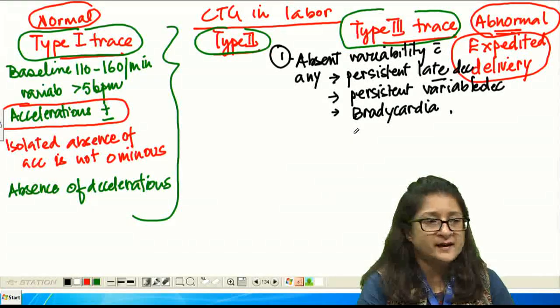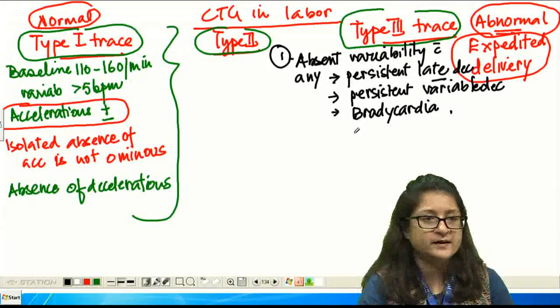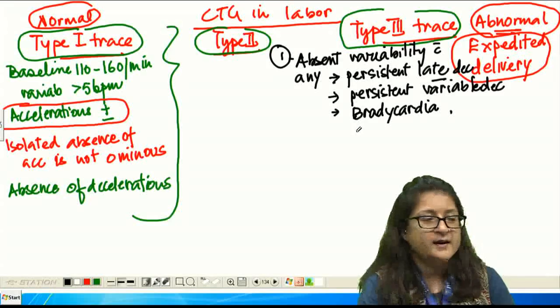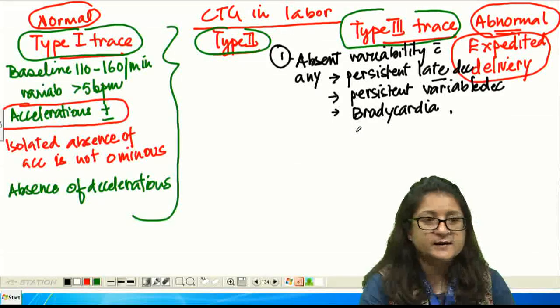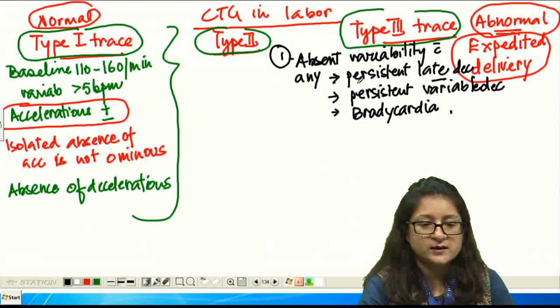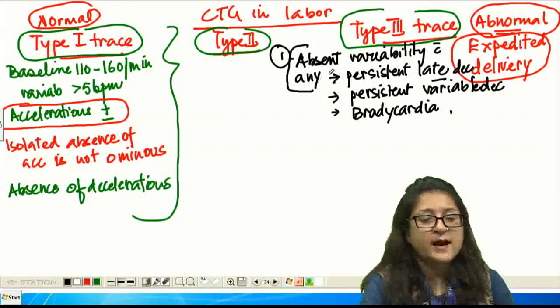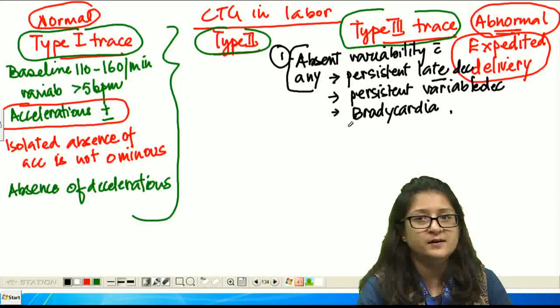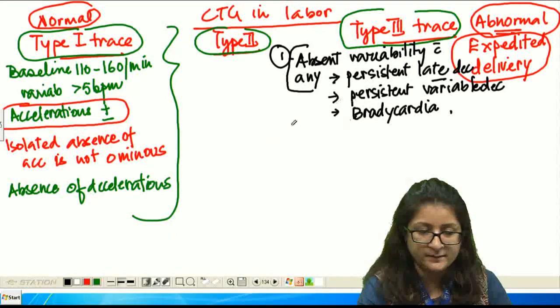If criteria for instrumentation are met, then instrument should be applied. If criteria for instruments are not met and the delivery needs to be expedited, cesarean section should be done. Alright, so in whatever situation, if there is absent variability and any of these three, the baby needs to be immediately delivered.